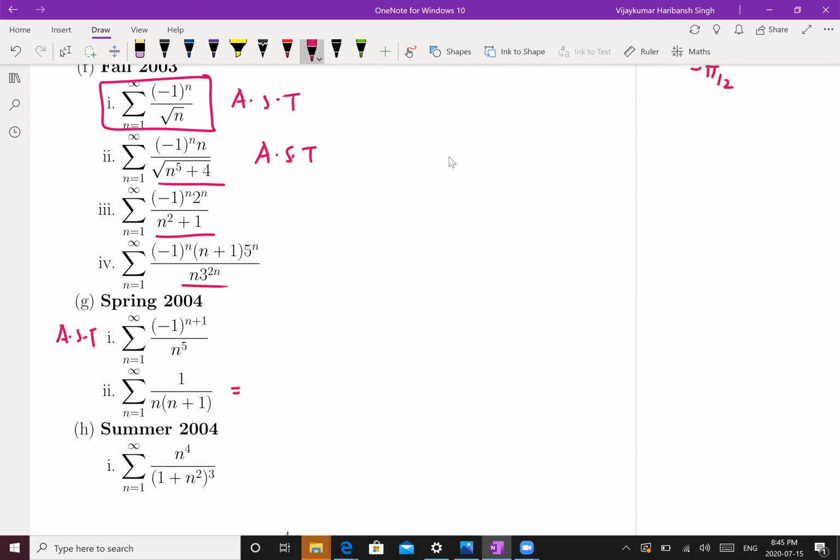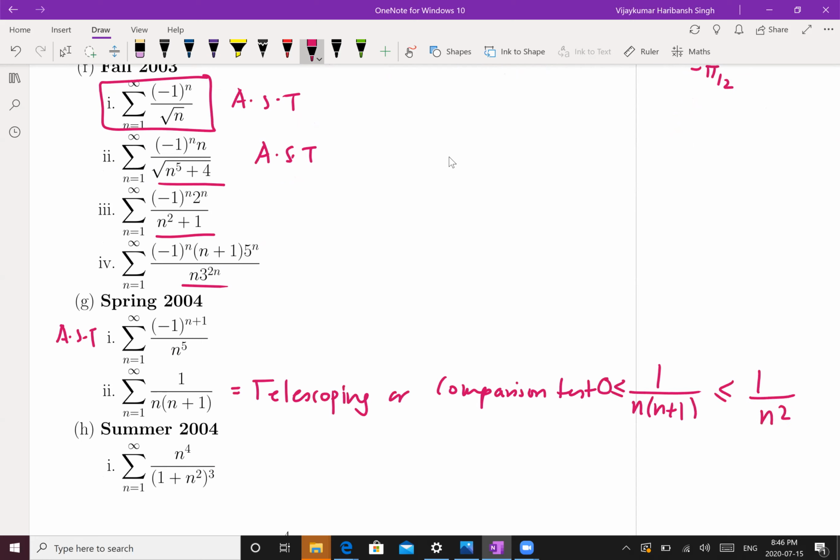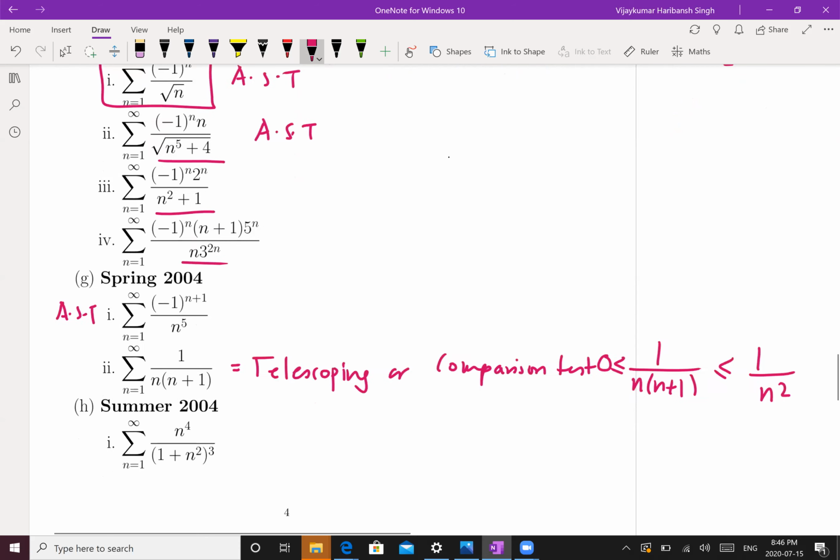Here, this is a telescoping series, right? So either you can use telescoping, or you can also use comparison test, right? Because after all, 1 upon n into n plus 1 is less than or equal to 1 by n square. So you can use comparison test.